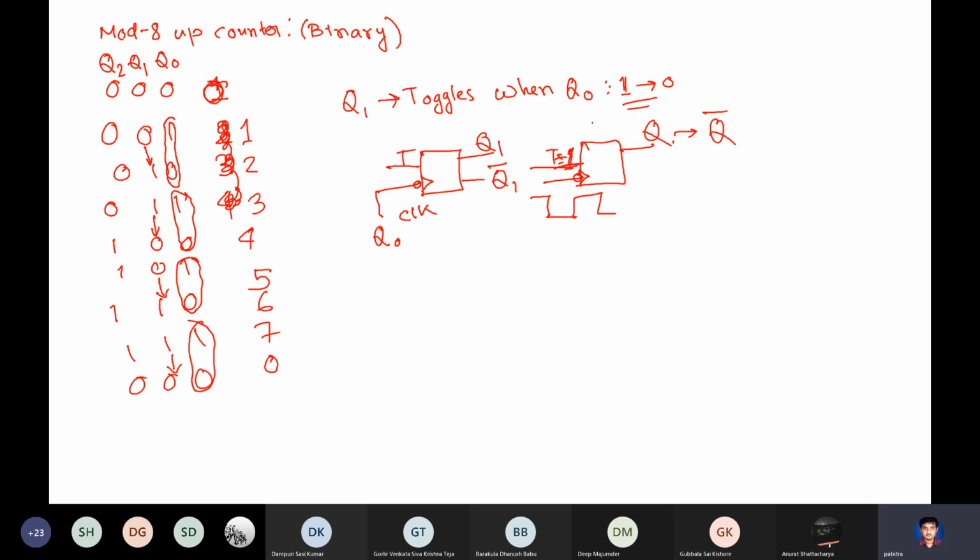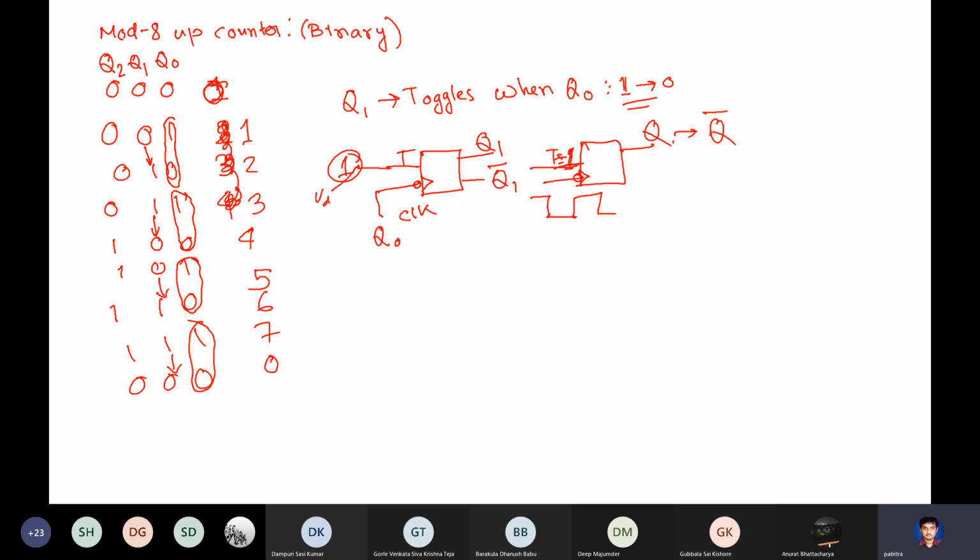If Q0 was a clock and it has a negative edge. So do one thing, make Q0 the clock of Q1, a negative edge clock, a low activated clock, and then this T you permanently set to logical 1.